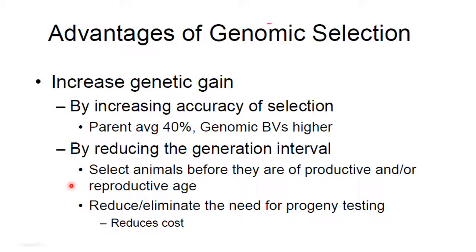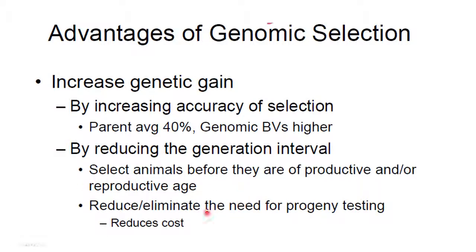This basically is all, in most cases, because of a reduction in the generation interval, especially for traits that are sex limited or where you are unable to record those traits at a young age, such as herd life, for example, where you have to wait very long before you know which animals will survive and which not in terms of your production system.